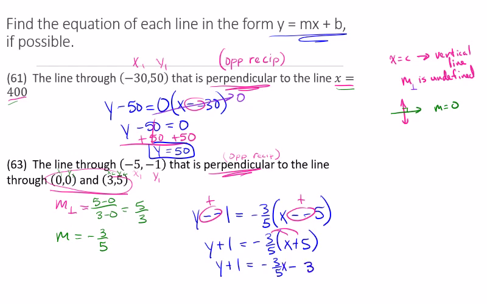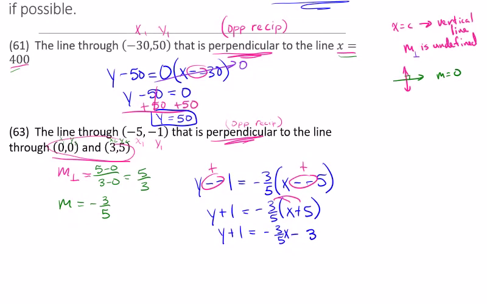Negative 3/5 times 5, the 5 in the denominator cancels out, so we just get negative 3. Subtract 1 from both sides, so we get y equals negative 3/5 x minus 4. And there we go.